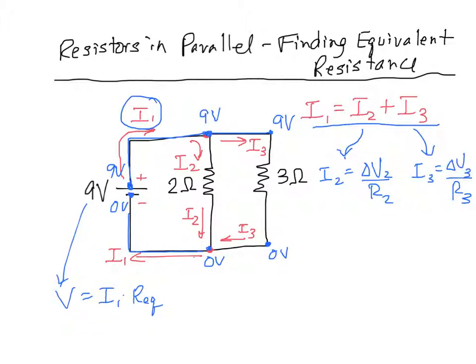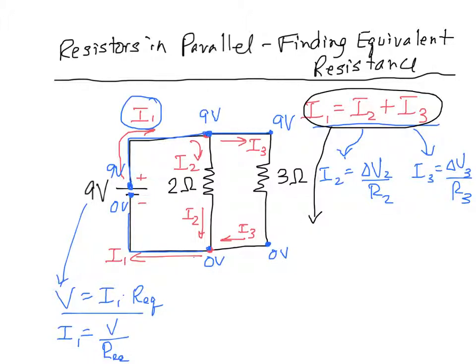Solving for I1 down here, I1 is equal to the voltage for the whole circuit divided by the equivalent resistance. Substituting all of those into that top equation gives me an equation that looks like this: V for the whole circuit divided by the equivalent resistance equals the V across resistor 2 divided by the size of resistor 2, plus the voltage drop across resistor 3 divided by resistor 3.